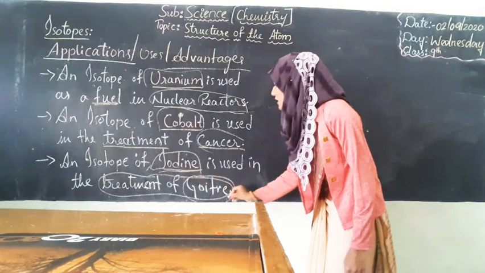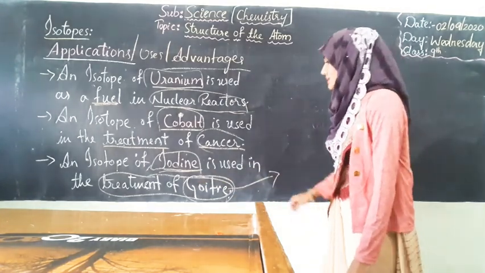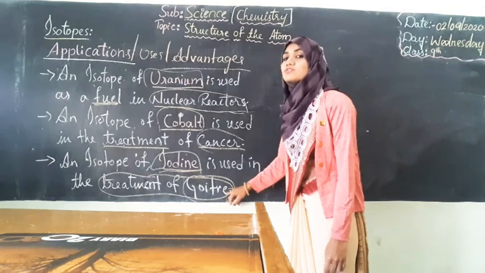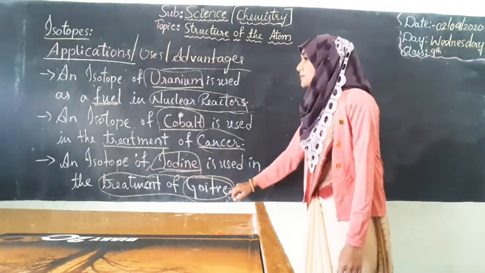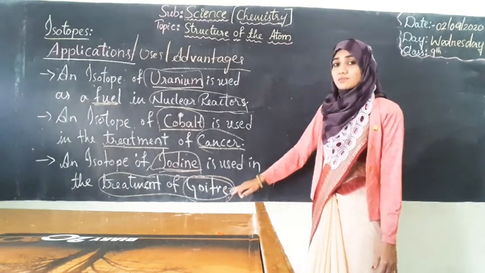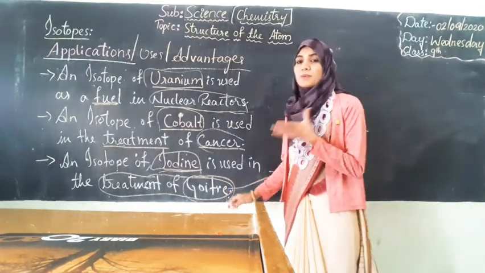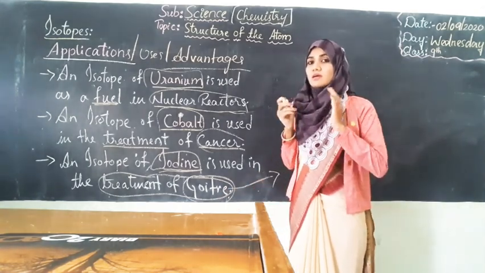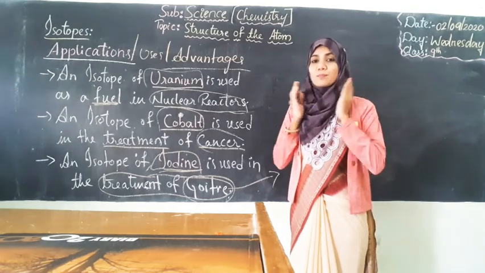Goiter is a disorder caused due to the deficiency of iodine, and the thyroid gland is responsible for this disorder. You have seen people having a swollen neck, that means their neck becomes very big.